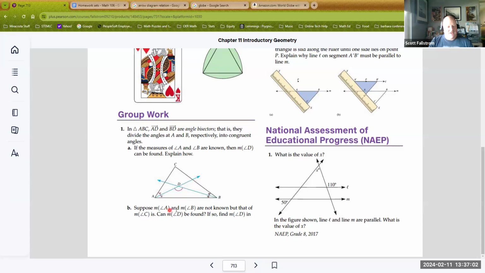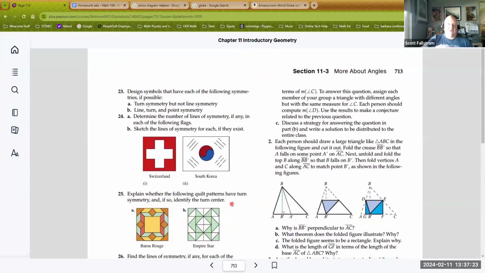And suppose angles A and B are not known, but you do know angle C. How can the measure of angle D be found? So again, you know C. You do not know what B and A are, but you might be able to still connect them to this. Really cool property there. You can build them and then measure and see if you can figure out the connection between them.